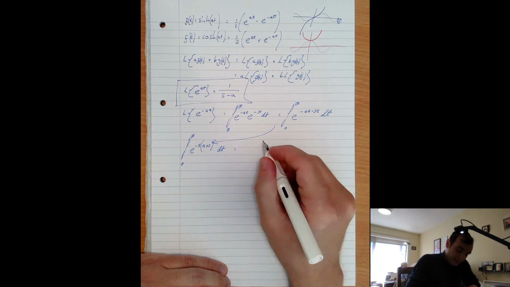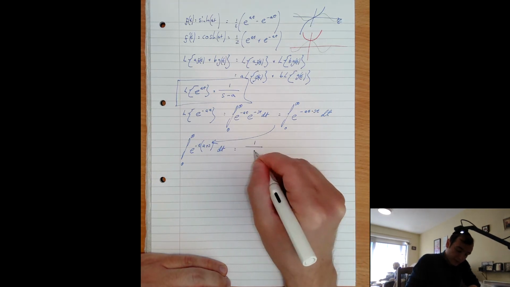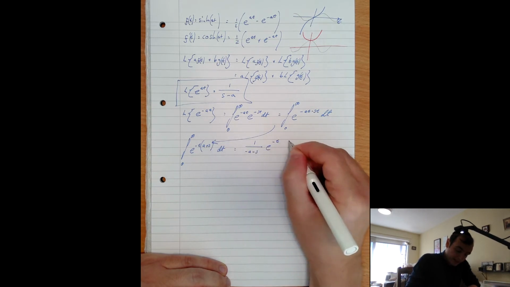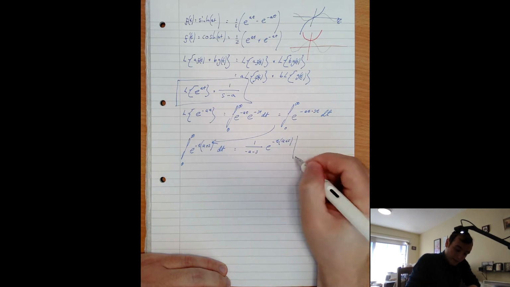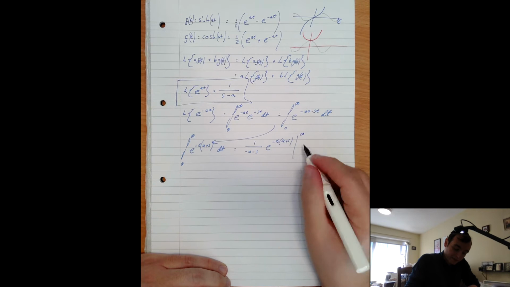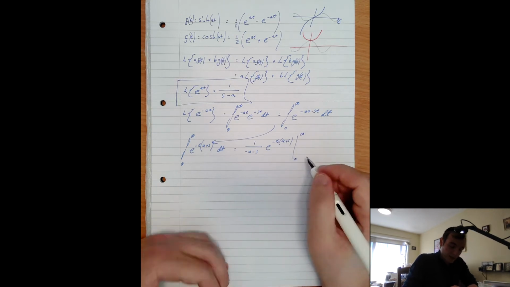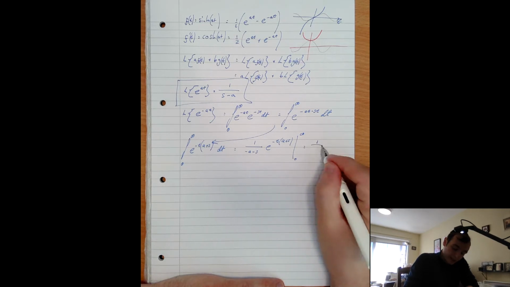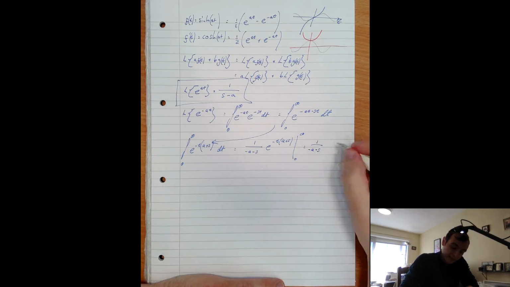And that will evaluate to 1 over minus a minus s of e to the minus t times a plus s, evaluated at the semi-infinite limits. So this will be 1 over minus a minus s.